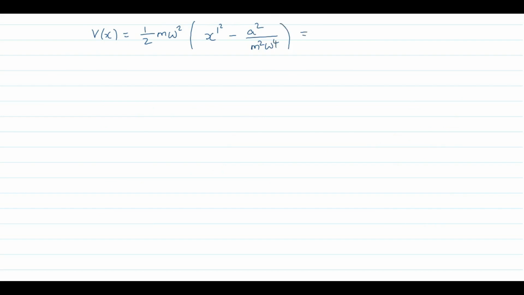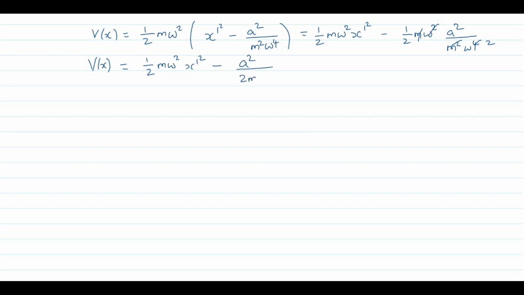Multiply this half m omega square inside, so this becomes half m omega square x prime square minus half m omega square a square by m square omega power 4. One omega square gets cancelled, one m gets cancelled, therefore the potential is half m omega square x prime square minus a square by 2m omega square. So this is the potential energy term.